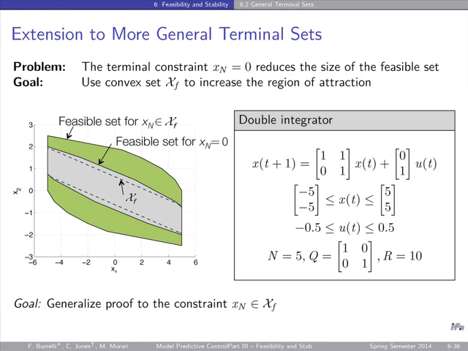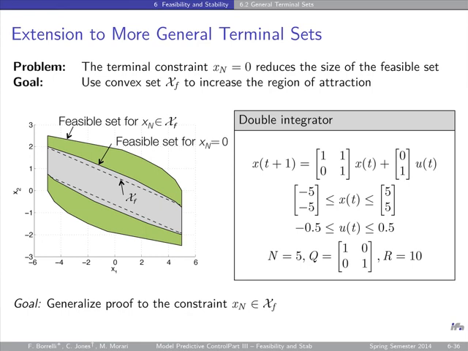So what you see here is a little bit crowded. You will see that the feasible set for xN equals 0, let's use a red, is this guy here. So this is X0 when you use the terminal constraint xN equals 0.